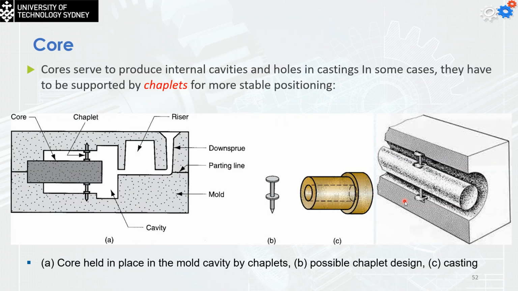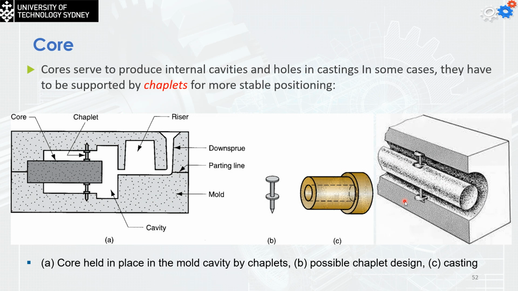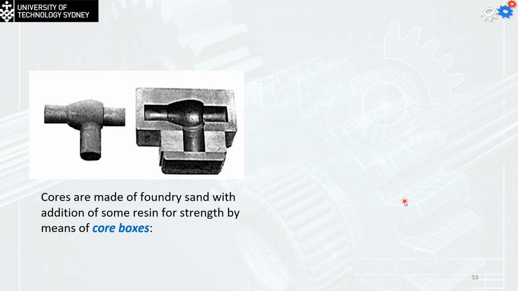The core for the engine block is going to be a quite complicated shape, but once again, the cores are going to be made by parts, and then you can simply glue them to each other to make the more complicated shapes. To fix the core inside the cavity of the mold, we are going to use the chaplets. Chaplets mainly are going to be made of either low melting metal, or we can use the plastic, which is going to evaporate and vanish.